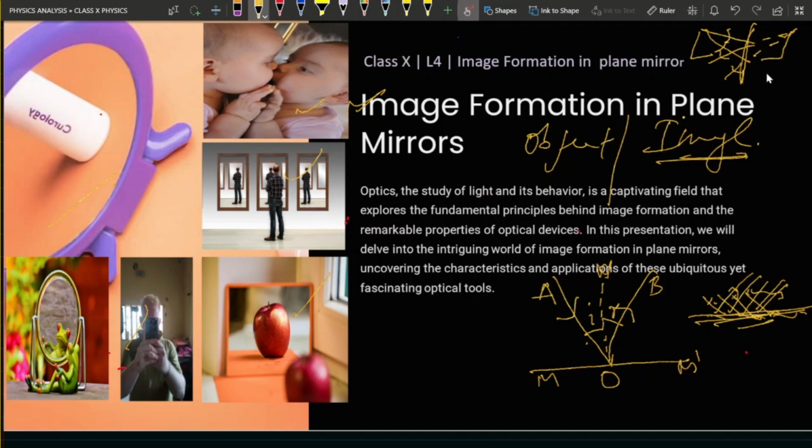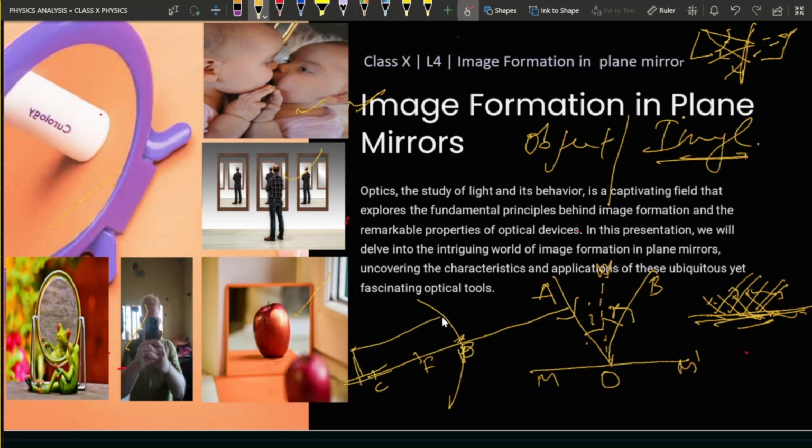So what does image mean? Let me take the case of a concave mirror, with the principal focus and the optical center P. Let us consider this focus, and this is the center of curvature. One object is beyond the center of curvature. Now what will happen?